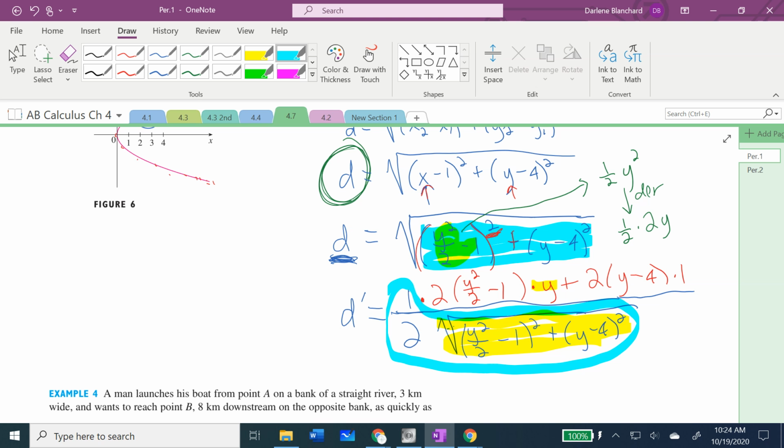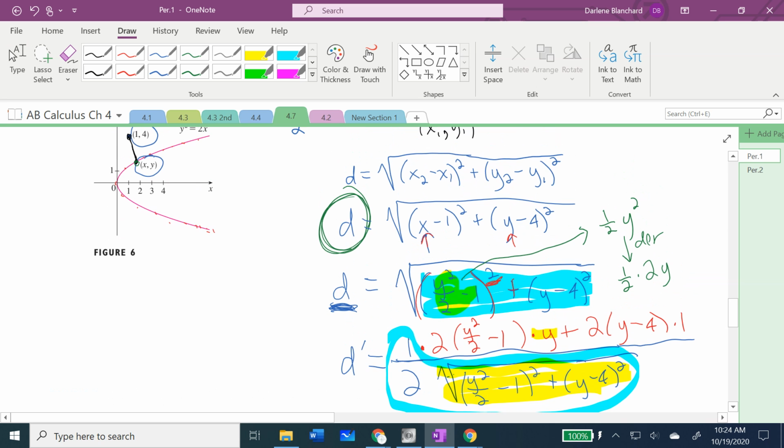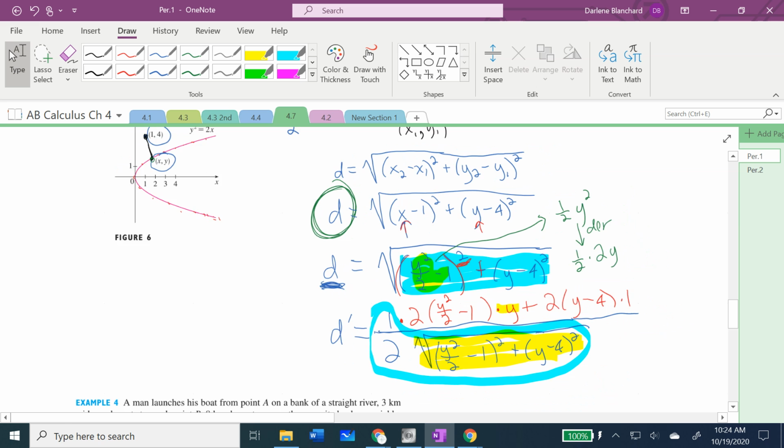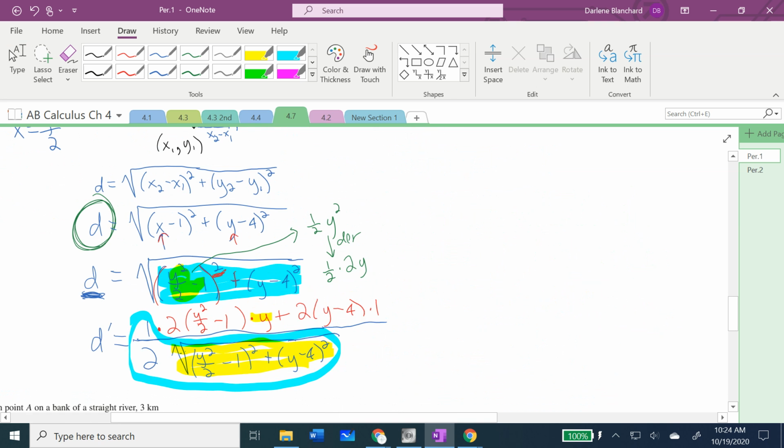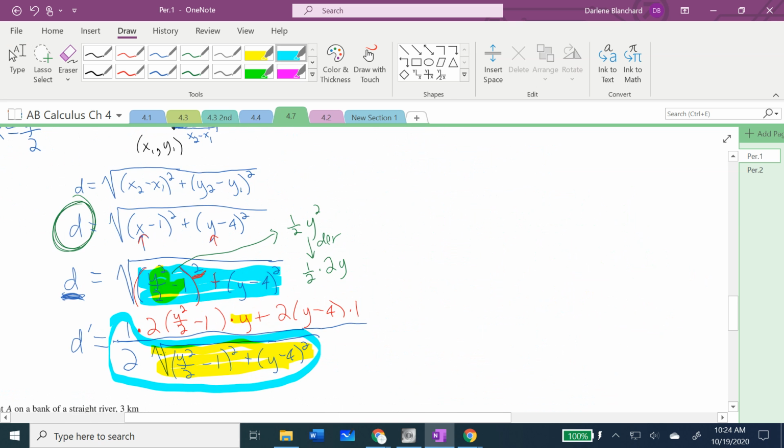Basically, don't just completely ignore pieces of a function. The distance formula is a very special case where this happens. So if you do read problems where they just flat out ignore it, I want to tell you, don't completely ignore it, consider it, and then realize what you need to do.